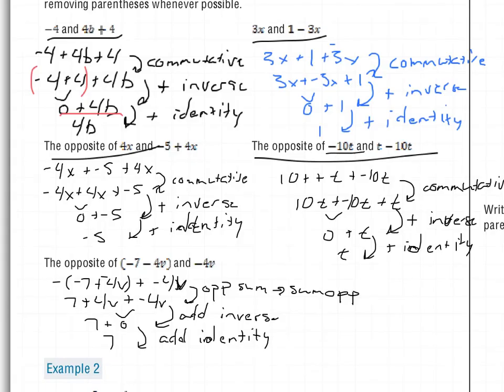Alright, as we look through, this is what our work should look like. Over and over again, I think our main takeaway from this is that we continue to see this idea that we have an additive inverse leading to an additive identity.